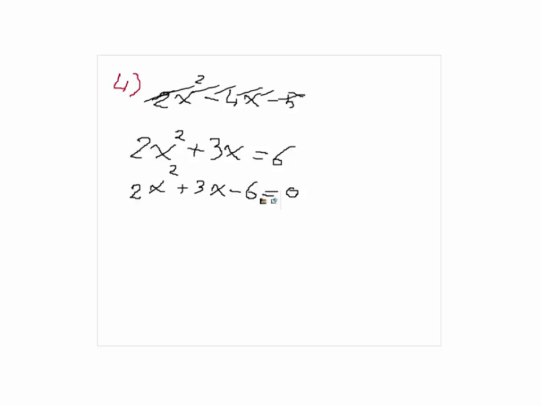If we look at the formula for solving a quadratic equation, x is found by x equals negative b, plus or minus the square root of b squared minus 4ac, divided by 2a.